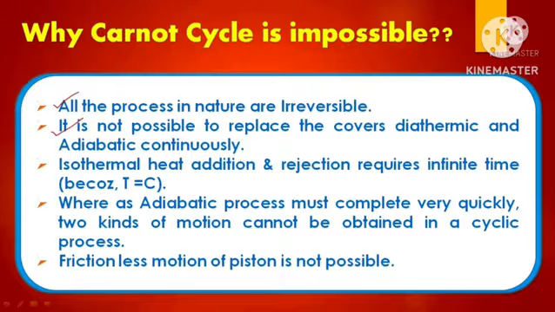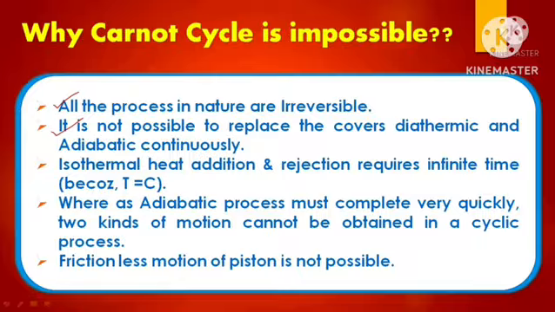As I said, in the isothermal process, keeping the temperature constant, we need to add heat to the system, which is a very slow process. Similarly, keeping the temperature constant, we need to reject the heat from the system, which also takes more time. So in the four processes, two processes will be running at high speed and the other two processes will be running very slowly, which is not possible in a continuous cycle.